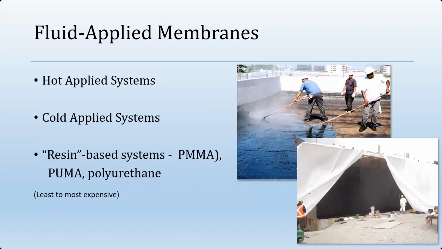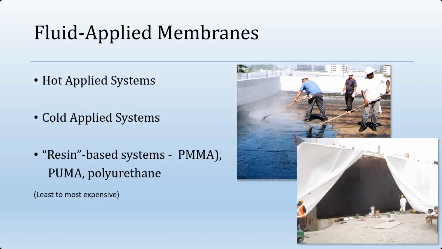Fluid applied membranes come in really three flavors. Hot fluid applied, which has been in existence for about 65 years. Cold fluid applieds, where I would say the majority fall into the category of a modified polyurethane or modified urethane type system. And then we get into these so-called resin type systems, PMMAs and PUMAs.